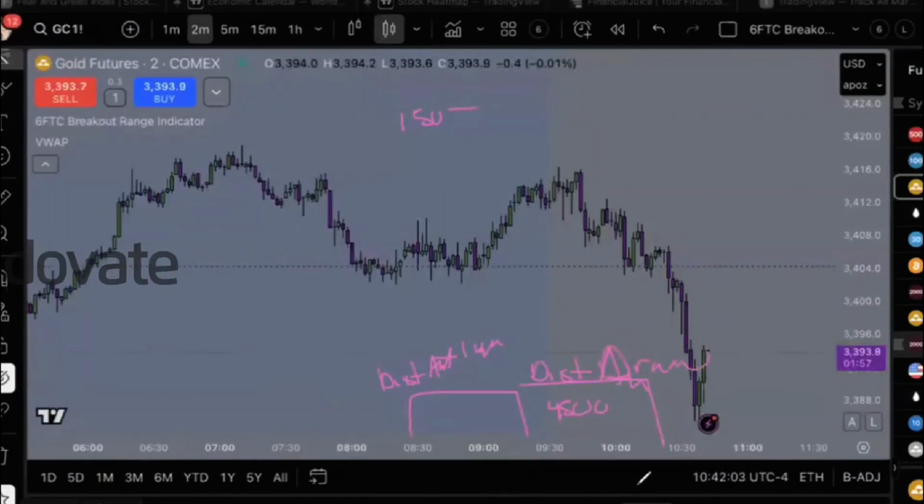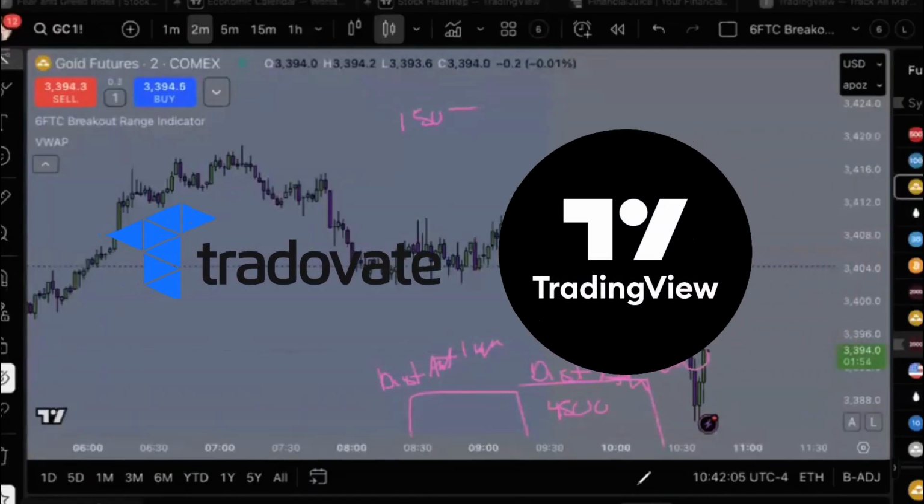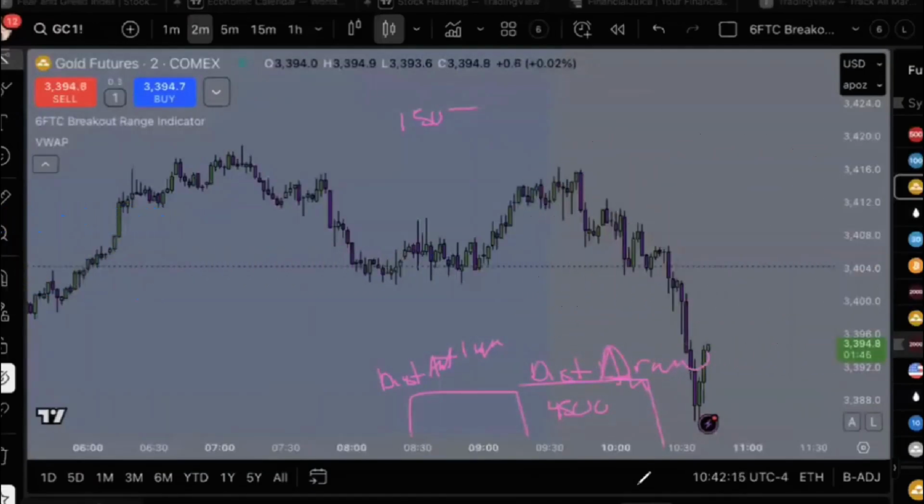Are you trading on Tradovate, or are you trading on TradingView? That's the problem. You need to get off of TradingView, because you can't see this data on TradingView, not adequately. Like, you can still trade here if you insist, but you need to have up Tradovate.